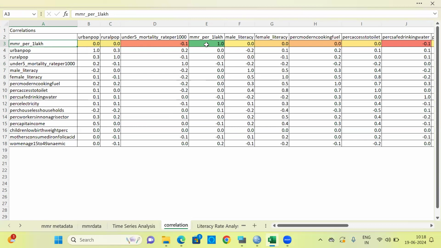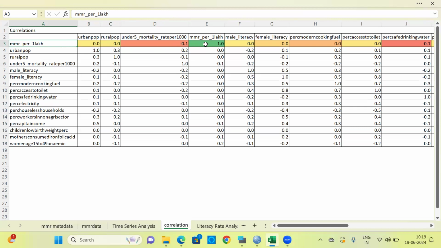Wherever you see dark green colored cells, it indicates that there is a strong positive correlation of the row variable with that of the column. Wherever you see dark red color, it means that there is a strong negative correlation with the respective variable. And wherever you see yellow colored cells, it means that the correlation is moderate and hence we can neglect it. Primarily, I was interested in studying what all factors are related to maternal mortality rate.